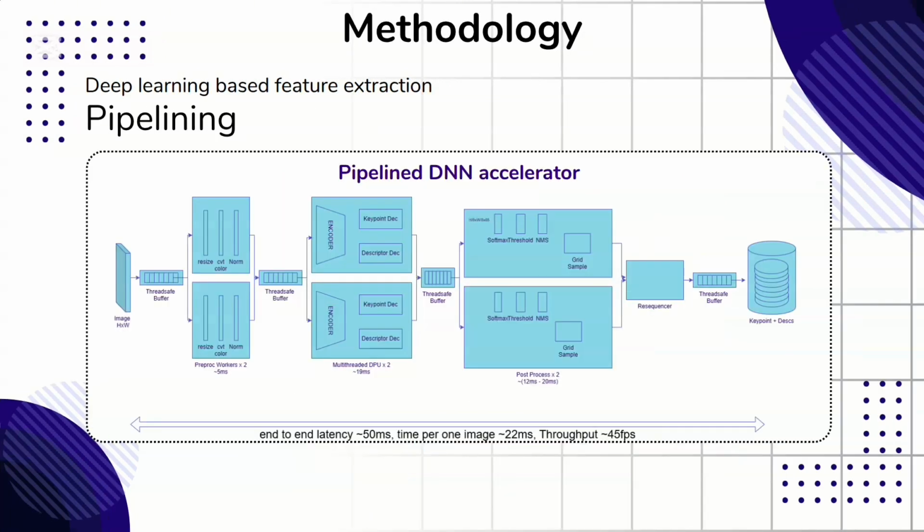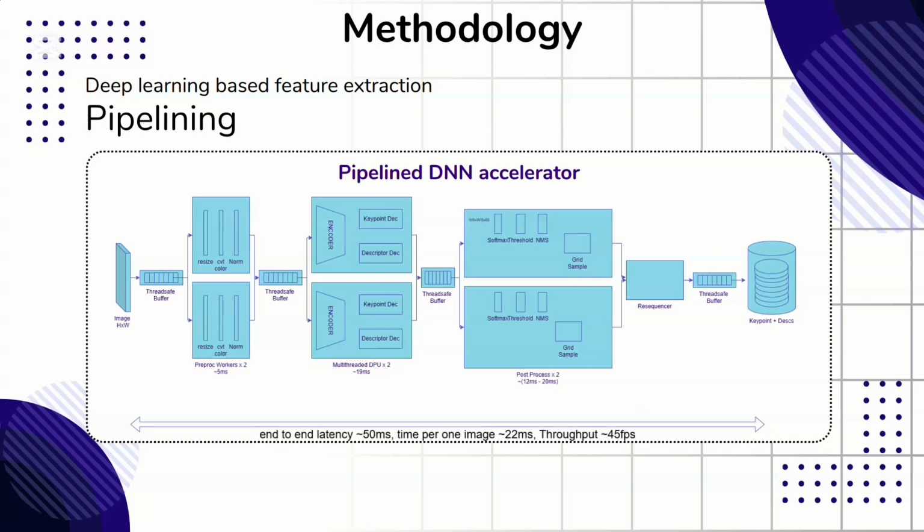To mitigate that issue, we proposed a pipelined feature extraction mechanism. This is a 3-stage pipeline. In the first stage, pre-processing happens. In the second stage, the DPU does the inferencing of the learned features.